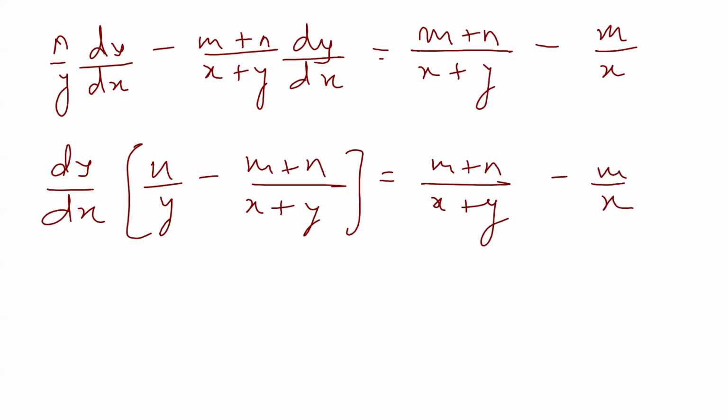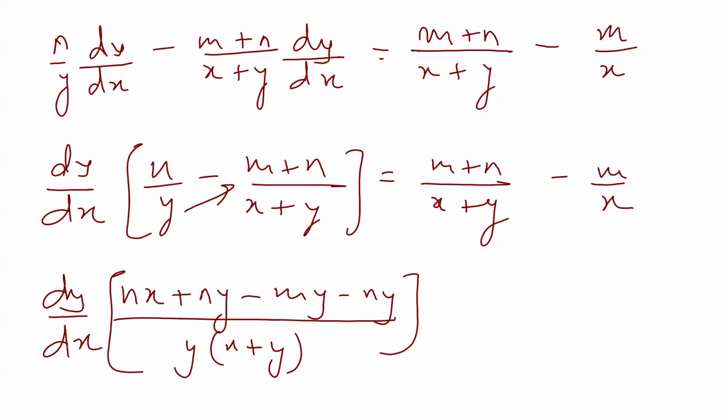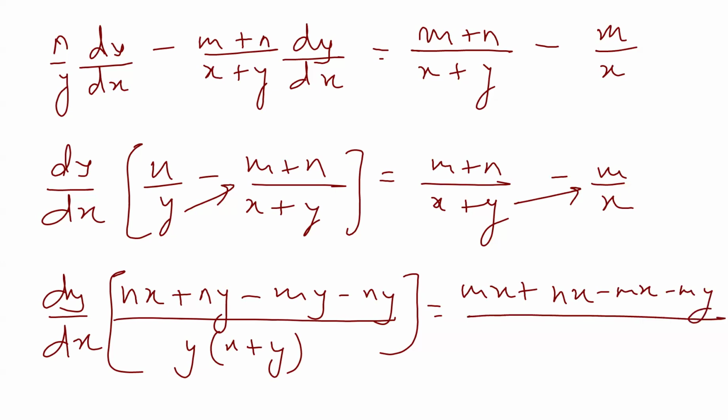Now on both the left hand side and right hand side take LCM. nx plus ny minus my minus ny, there is a minus sign in between, just remember that, upon y into x plus y, equal to mx plus nx minus mx minus my upon x into x plus y.